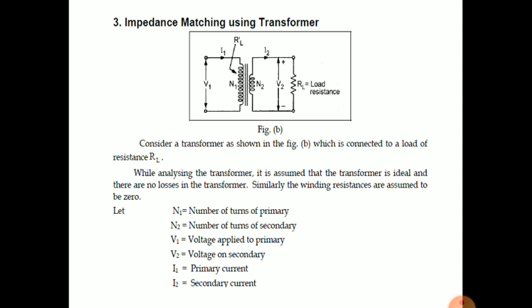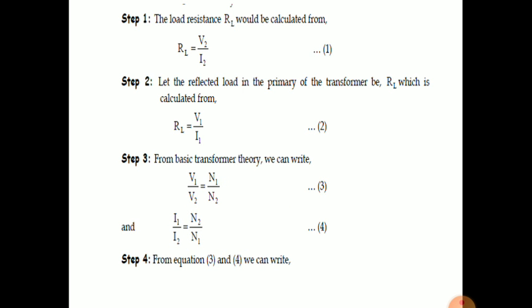Now let N1 be the number of turns of the primary, N2 the number of turns of the secondary, V1 the voltage applied to the primary, V2 the voltage on the secondary, I1 the primary current, and I2 the secondary current.